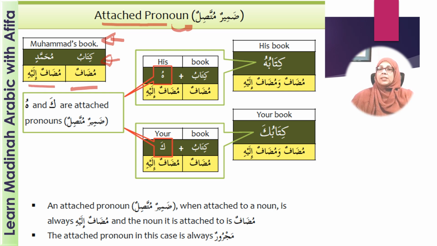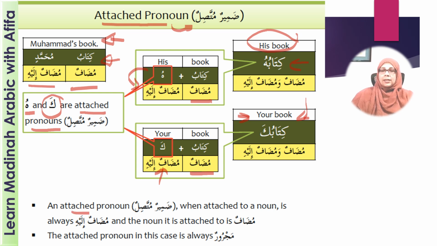So when we say his book, it is in Arabic Kitabuhu, where Kitabu is the mudaf and hu is the mudaf ilayhi. And as I said before, hu is the attached pronoun. Okay? Similarly, when we say kitabuka, we mean your book. And here kitabu is the mudaf and ka is the mudaf ilayhi, where ka is the attached pronoun.